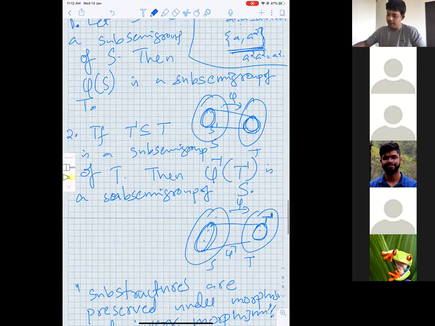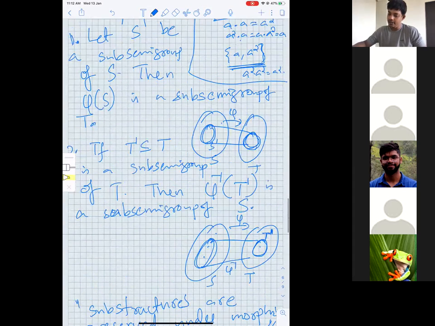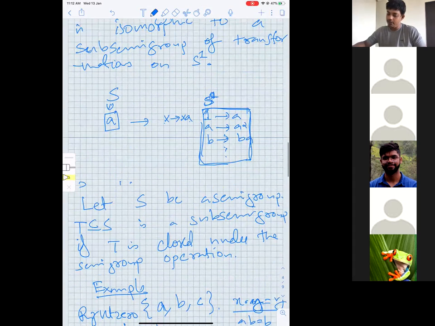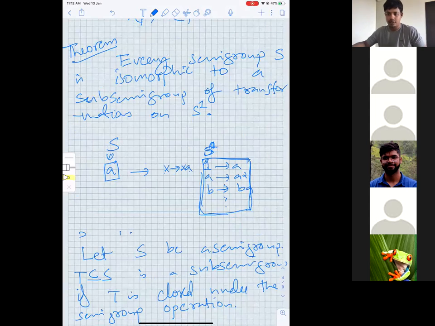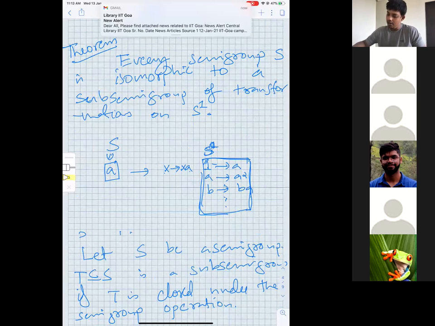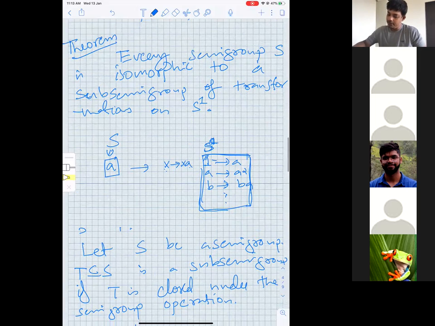Now, where were we? I wanted to show that every semigroup is isomorphic to a semigroup of transformations. This is what I wanted to prove. Okay. So now I have a semigroup S, and I look at the transformation which is obtained by multiplying an element by A on the right.